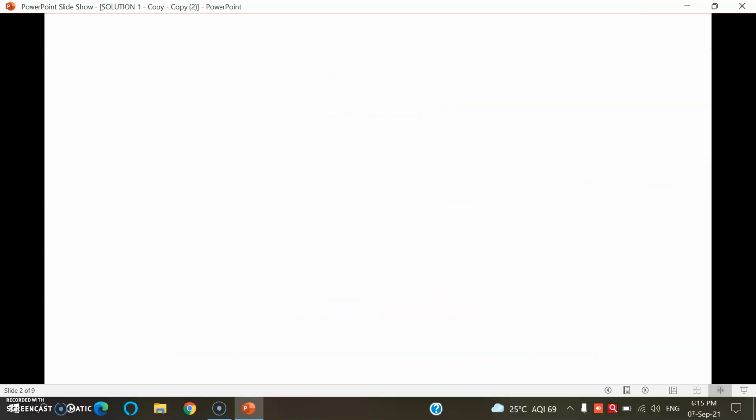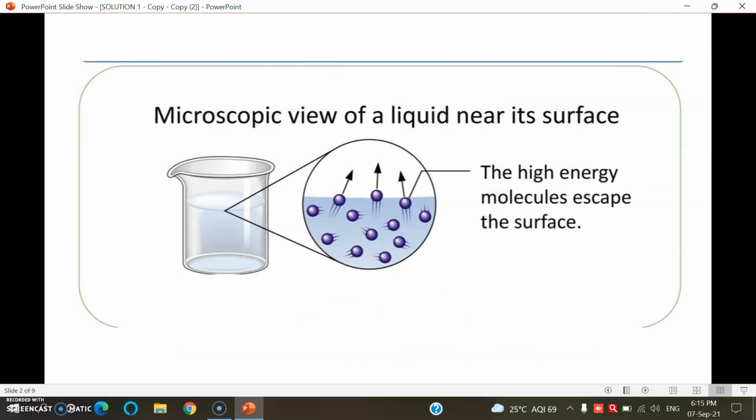Let's study vapor pressure. All liquids exhibit a tendency for evaporation. The tendency of evaporation of the surface molecules is due to those molecules present on the surface of the liquid.